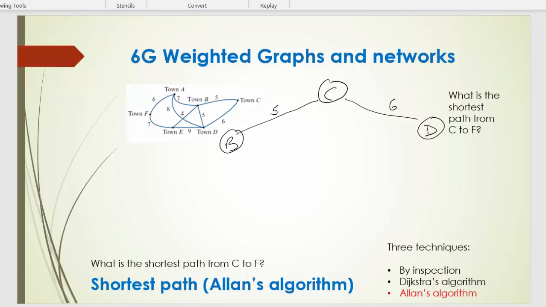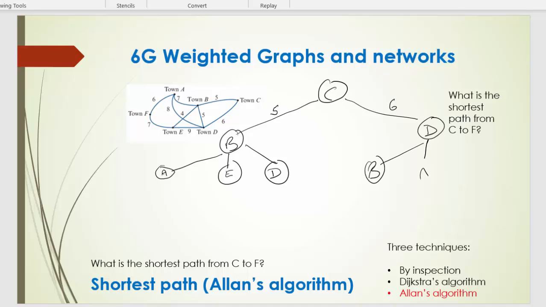Now, taking those two in turn, B and D, where can you go from B? Apart from going back to C, which is no purpose to that, you can go to A and E and D next. So under there, A, E and D. From D you can go to B, A and E.